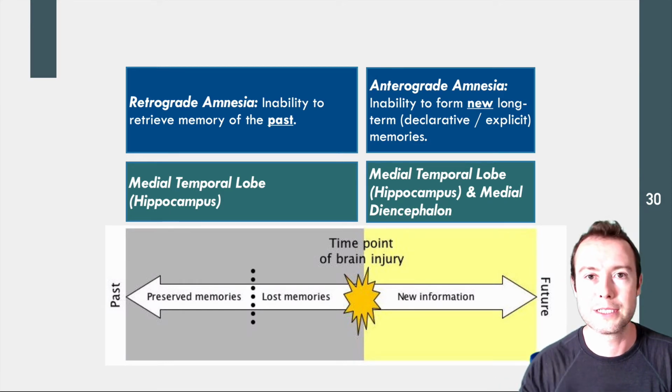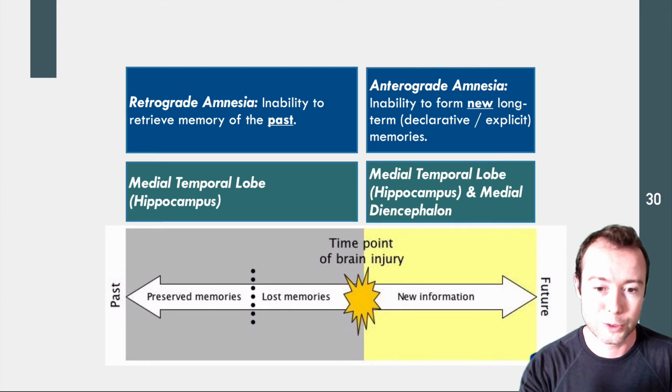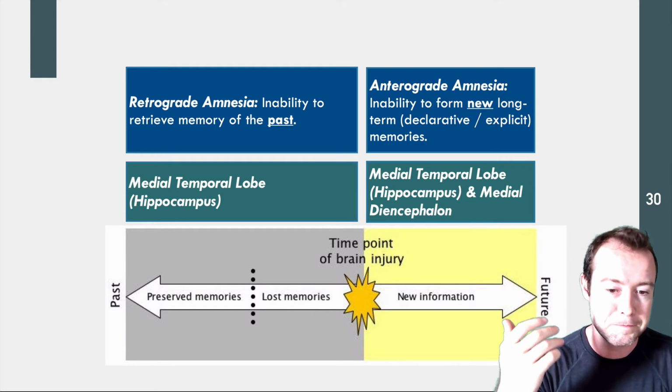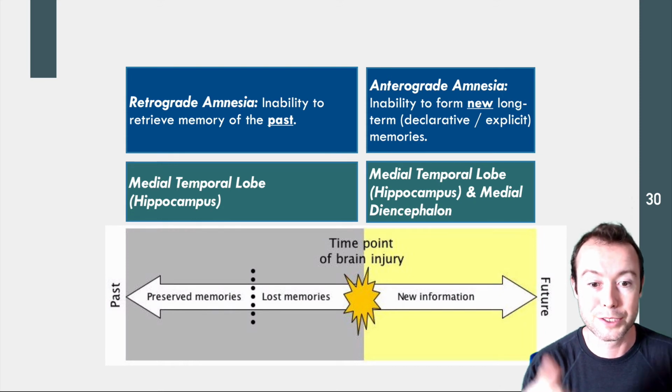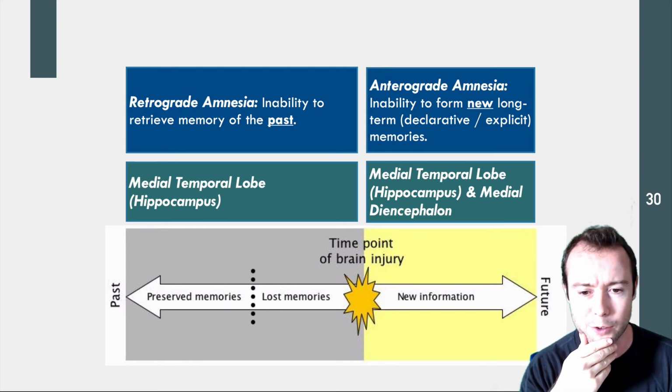It's usually those things in the near past, and again, this could be a matter of weeks, months, or years. Whereas memories that were formed a long time ago are generally preserved. Those are typically, even in retrograde amnesia, quite hard to interfere with.